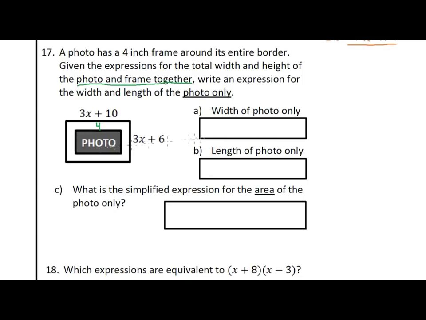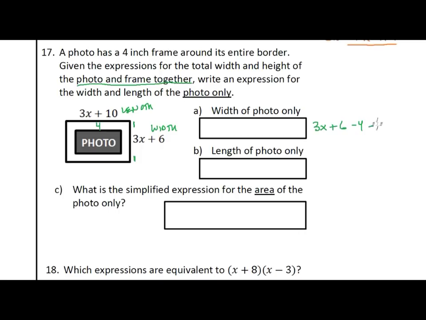So the width of the photo only is going to be, let's call this the width, and let's call this the length. Doesn't matter which one you do. But now if this is the width, we start off with 3x plus 6, and now we're going to subtract 4 from this side right here, and we're going to subtract 4 from this side as well.